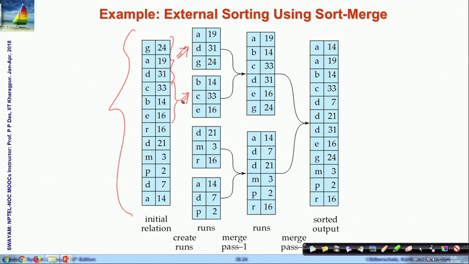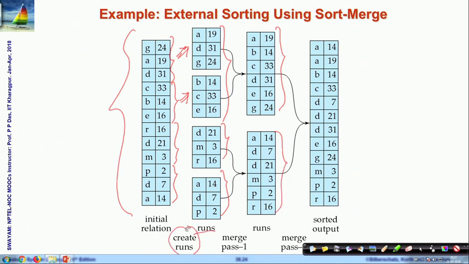Once you have sorted them, these are two sorted sublists of the original set of records. Now you can merge them according to the merge strategy. This is the simple merge sort strategy, and again you write this back. You do similar things again here and write them back. Now you have two bigger sorted lists. These are called runs.